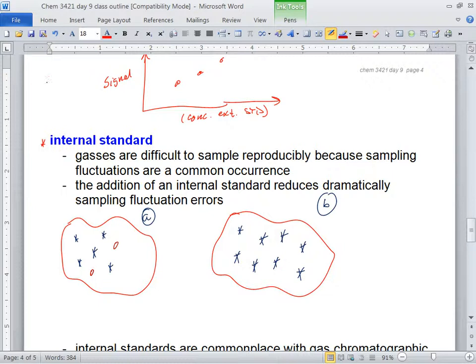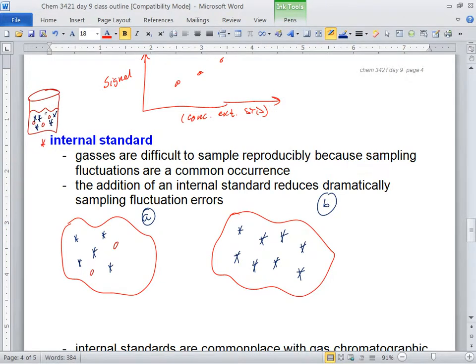So in your standards, how do you draw a flask? I'll just draw a box. How do you draw a beaker? That looks like a beaker, right? So in my solution, I have my internal standards, and I have my analyte or my external standard.